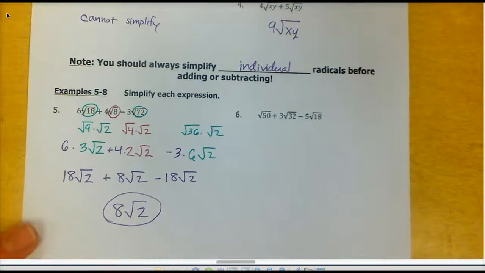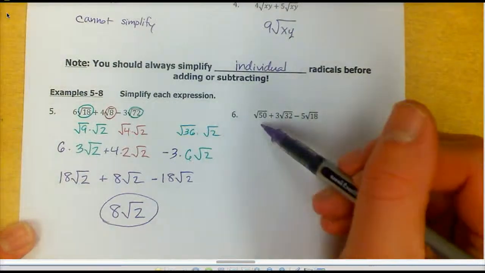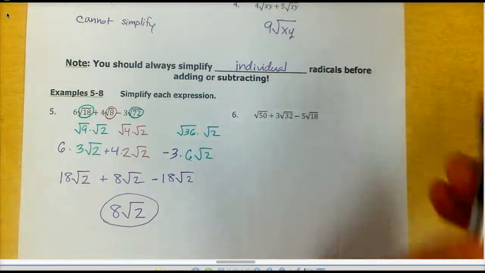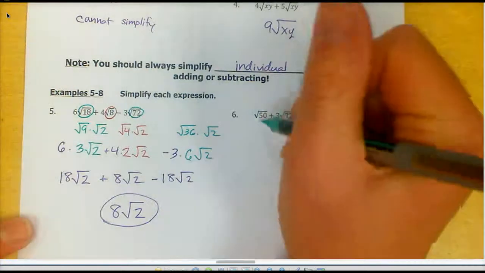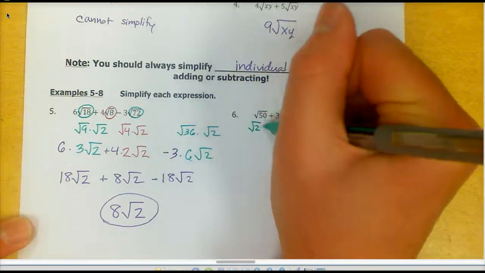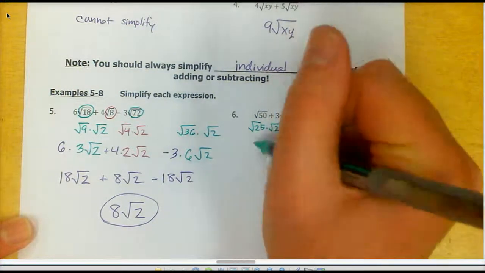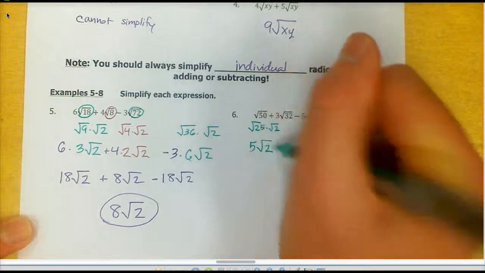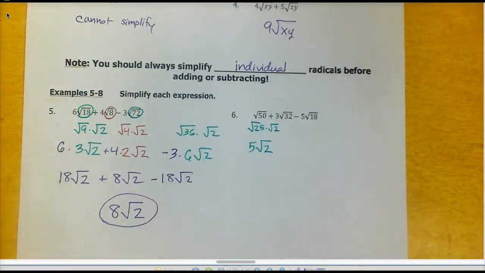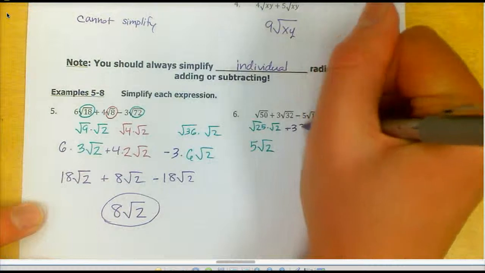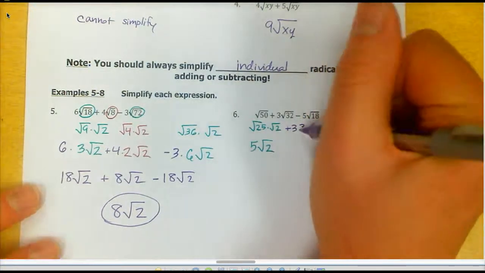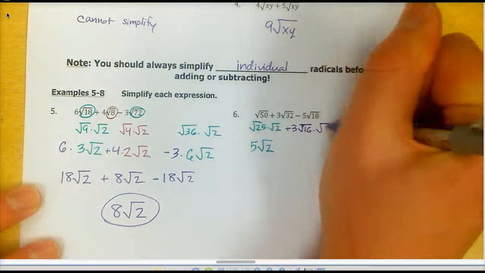Okay, let's try another one like that. We have radical 50 plus 3 radical 32 minus 5 radical 18. Radical 50 is the same as radical 25 times radical 2, so that makes it 5 radical 2. 3 radical 32 would be the same as 3 times radical 16 times radical 2.